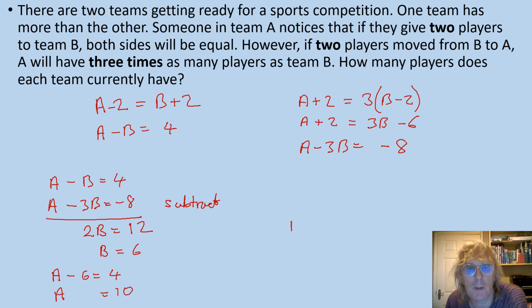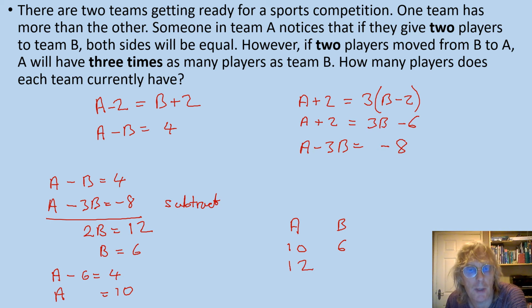So again, we can just check it all out. A and B, A starts with 10, B starts with 6. If A gets 2 players, they will have 12.